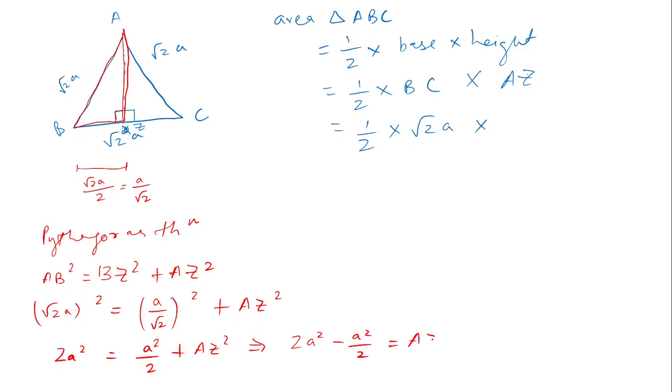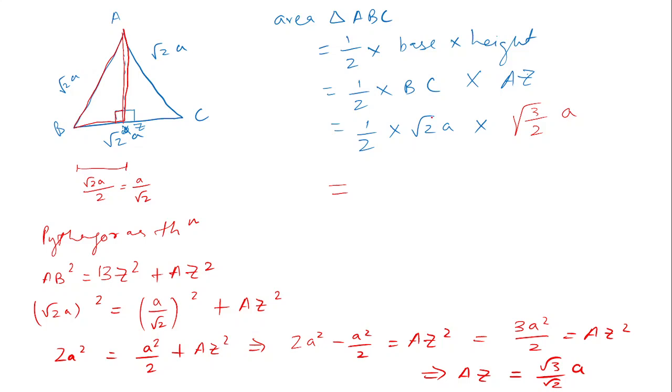Okay. Now I'll take it to the other side, then it will be 2a square minus a square by 2 is equal to AZ square. So this will be 4a square minus a square, which means 3a square by 2, is equal to AZ square. That means the AZ distance will be root 3 by root 2 times a.